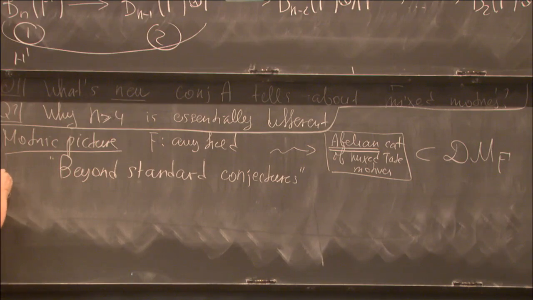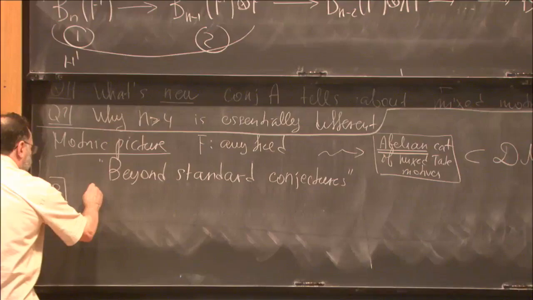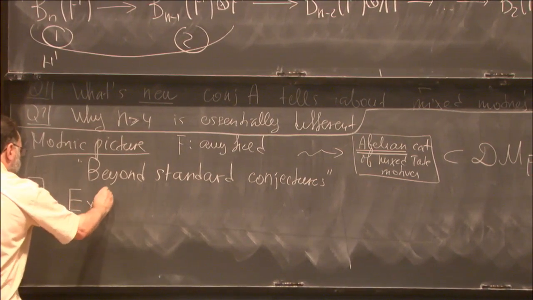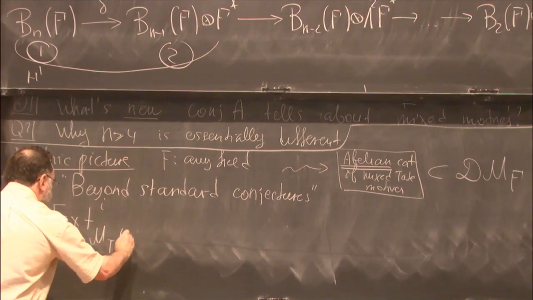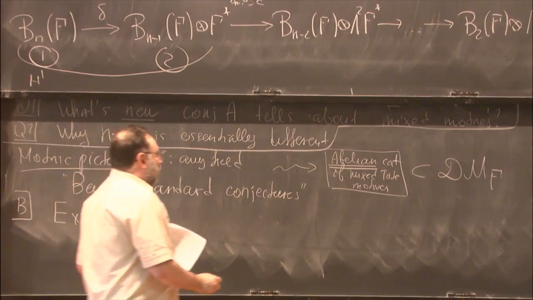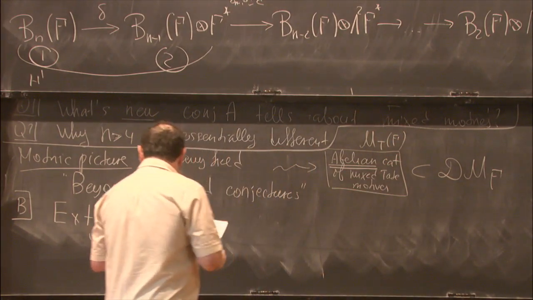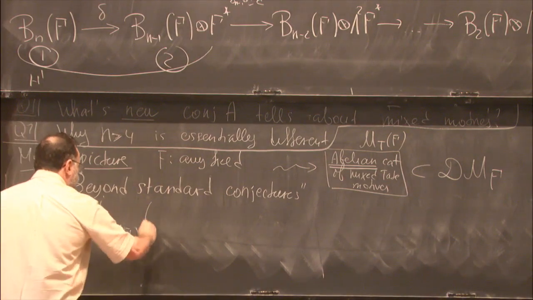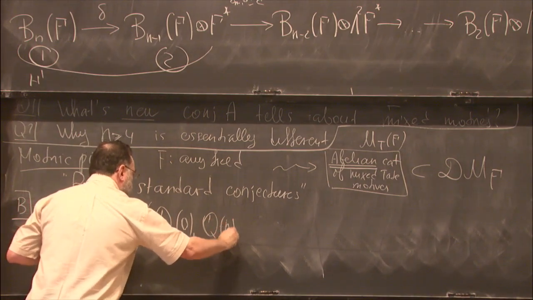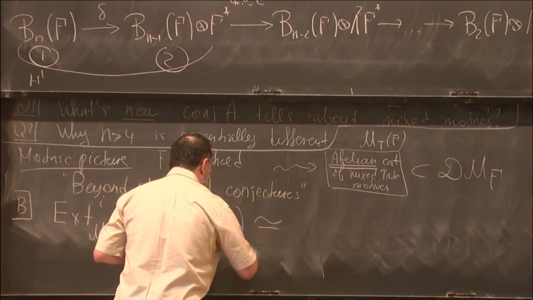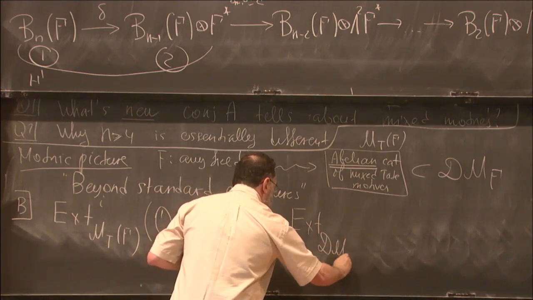So first of all, I claim that if these complexes calculate what they should, then we have the following general statement which can be formulated without any mentioning of these complexes. So this abelian category of mixed Tate motives, I denote MT_F. The statement then is that if you take Ext groups in the category of the smallest possible mixed category, the category of mixed Tate motives, then it's the same as the Ext groups in the biggest category we have, DM_F.